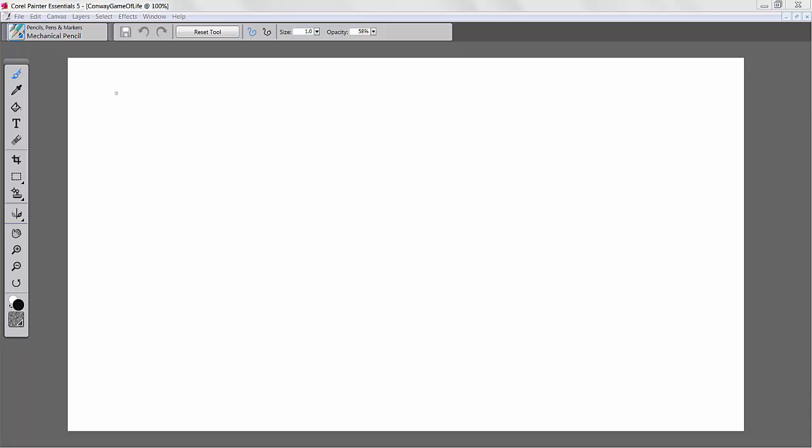This is a tutorial to study Conway's game of life, which is a two-dimensional cellular automaton.